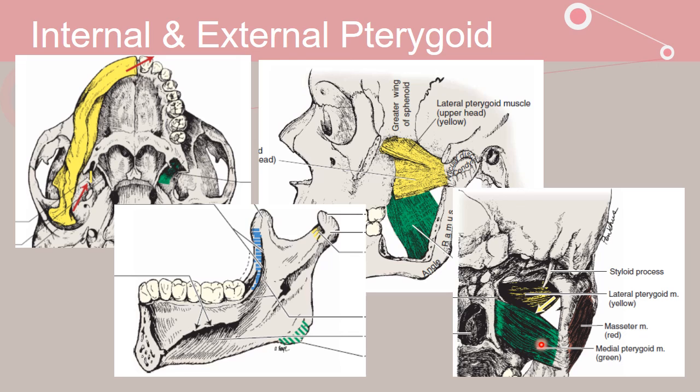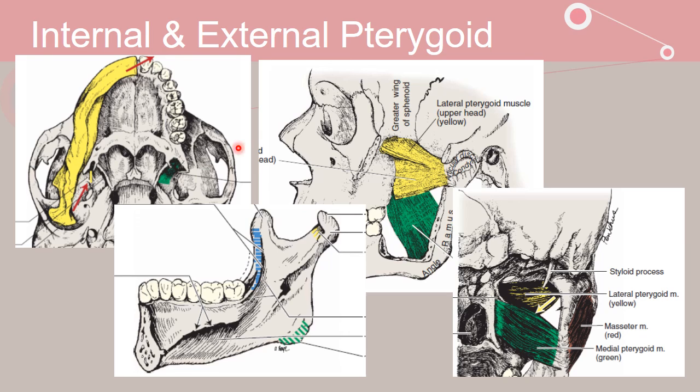The external pterygoid muscle, compared to the other three, has its fibers oriented primarily horizontally. It is a short, thick, somewhat conical muscle located deep in the infratemporal fossa and is the prime mover of the mandible except for closing the jaw. It arises from two heads that are both located on the sphenoid bone.